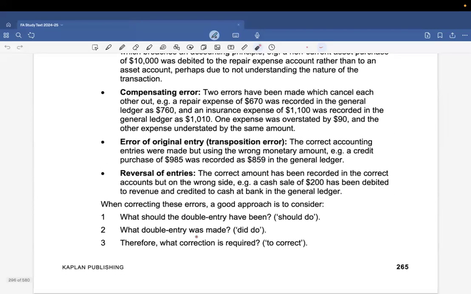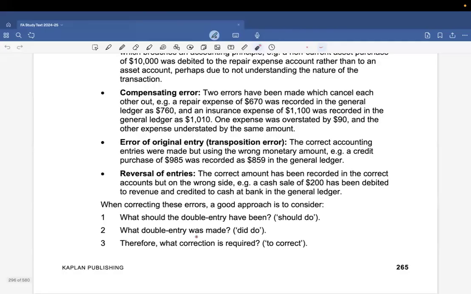Now, when you have errors, there are three steps that you take. The first step is to identify the right entry, that is, what is the correct entry.